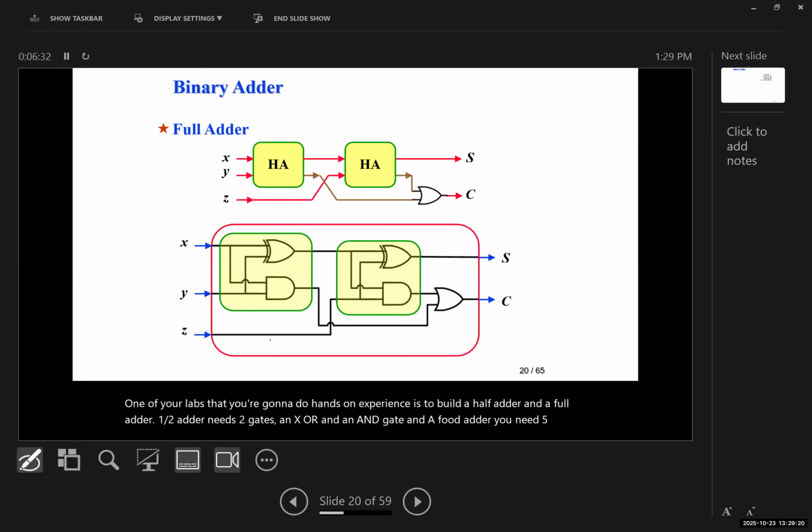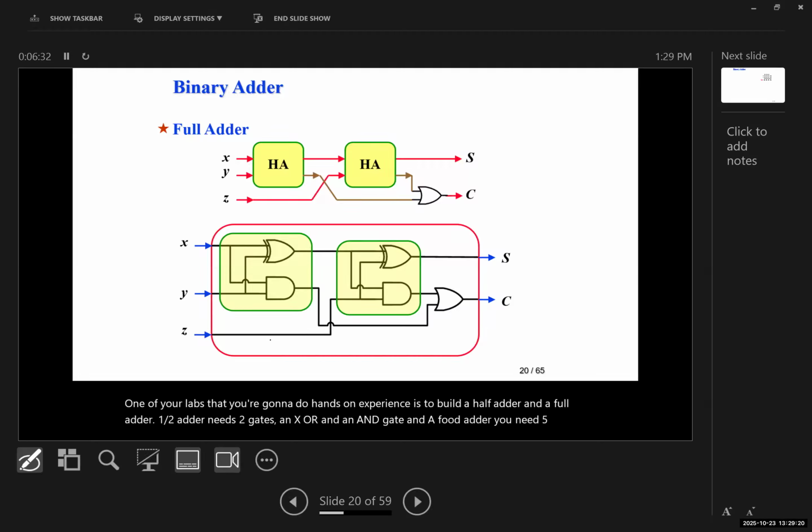I'm going to call them D3, D2, D1, and D0. So if X and Y are both 0, then D0 would be turned on and the rest of them would be turned off. If X is 0 and Y is 1, then D1 is equal to 1. So D1 would be 1 and the rest would be 0.